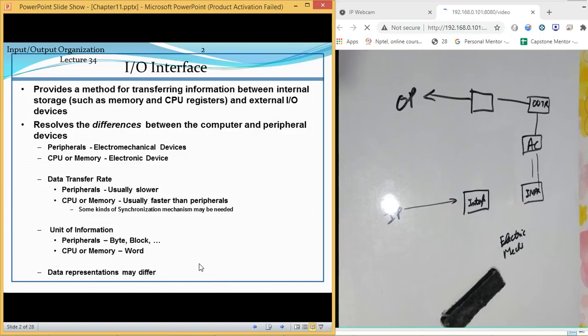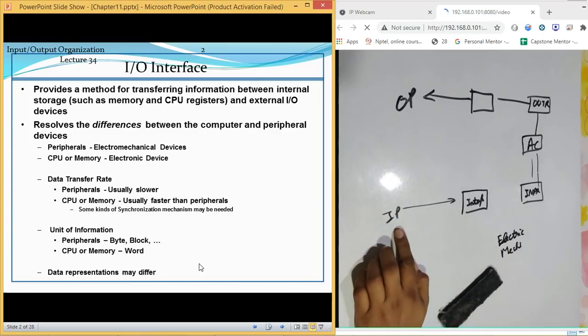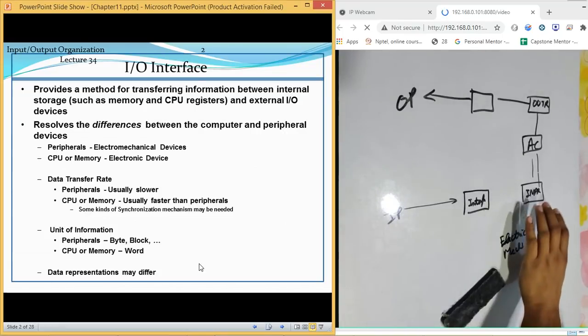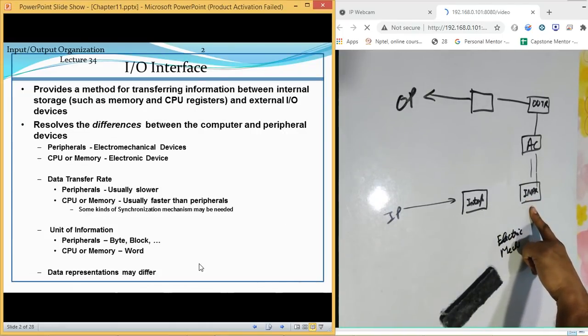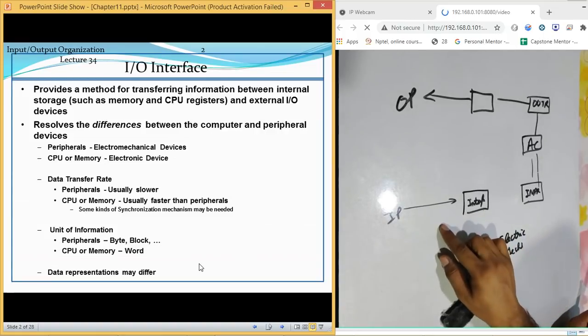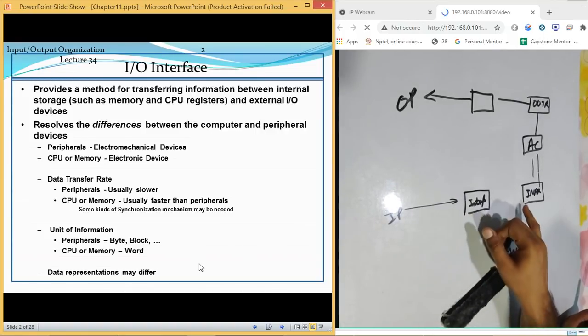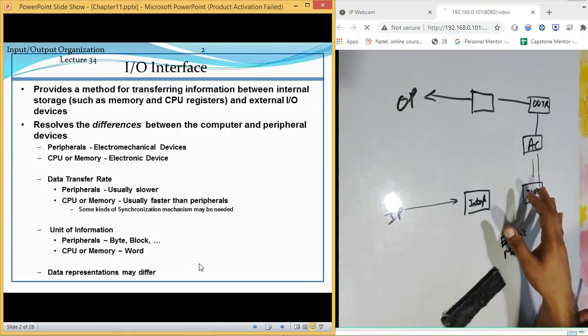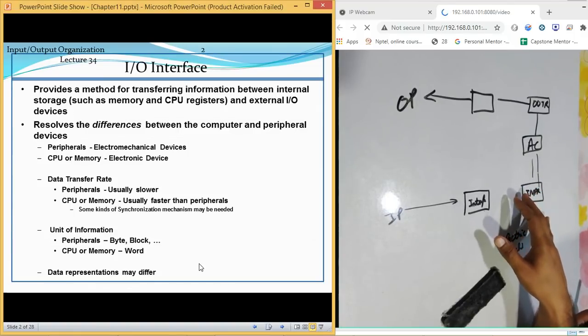They are the CPU or your memory like RAM. So, in this case, what happens? The speed of input output devices is usually low as compared to the speed of your CPU. So it is very slow. If it is slow, and we don't use the time in which the data transfer is happening properly, and don't use all the resources of the CPU, our CPU is going to get slowed down.